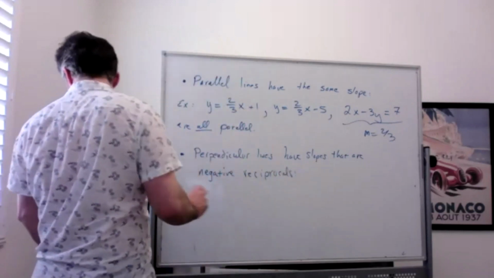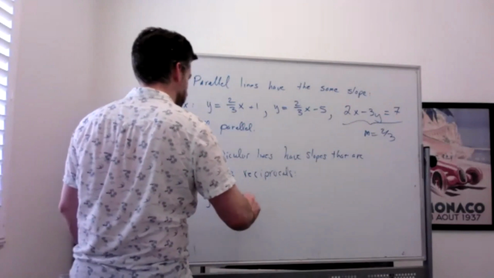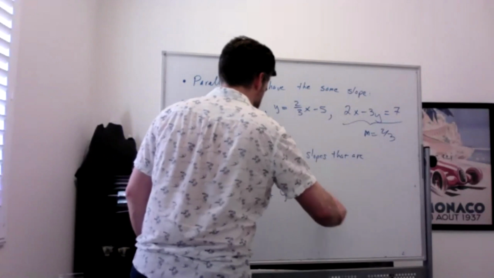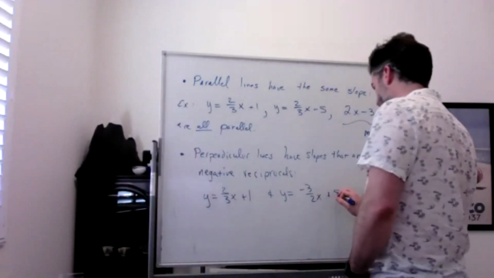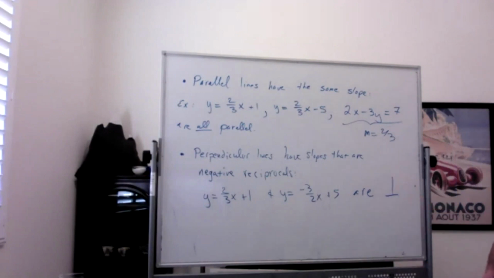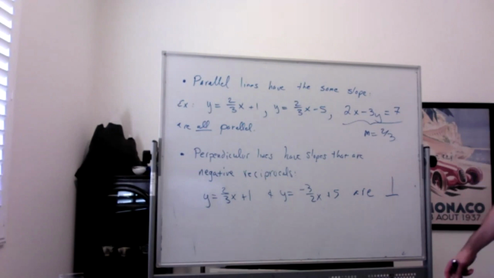So these two lines, y equal to 2/3 x plus 1 and y equal to negative 3/2 x plus 5 are perpendicular. That's a symbol we use for perpendicular because we don't like to write out the long word perpendicular.